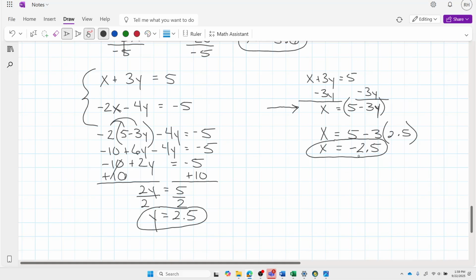So your ordered pair, or the point where these two original lines intersect, they would intersect at negative 2.5 and 2.5. Questions?